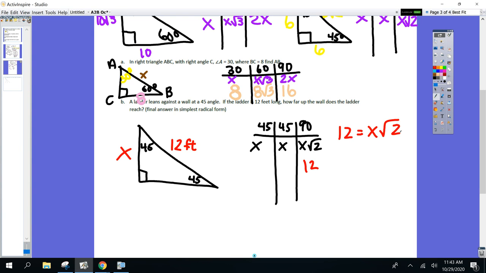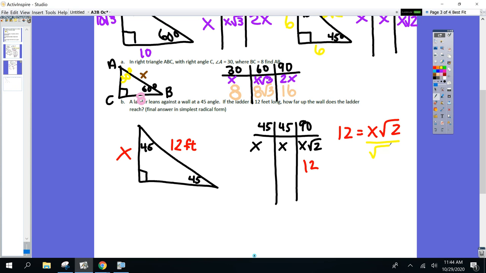What operation is happening between x and radical 2? Multiplication. Thank you. So how do I undo multiplication? You divide. You want to get x by itself, Caroline.